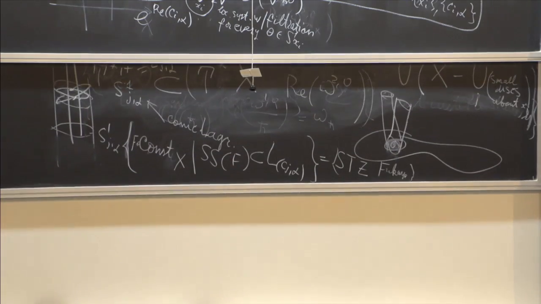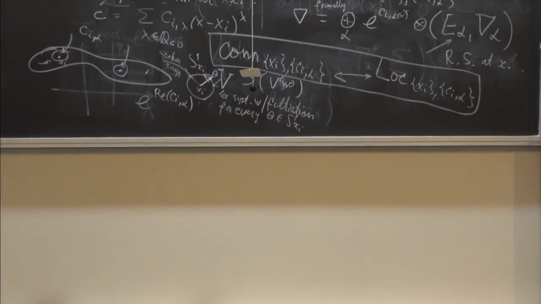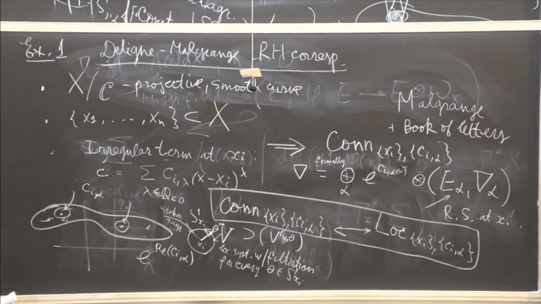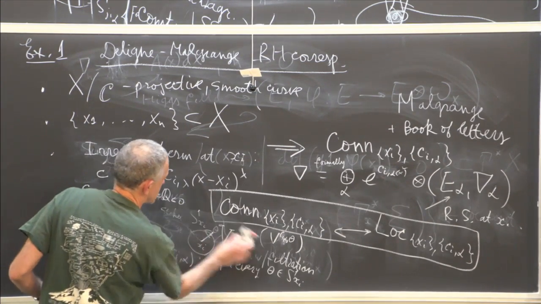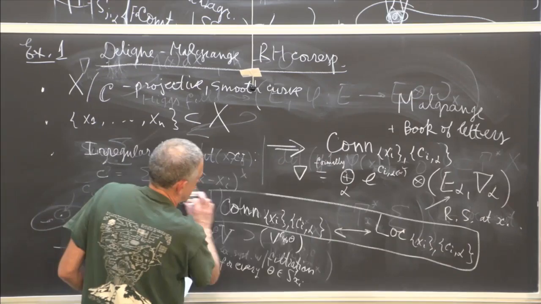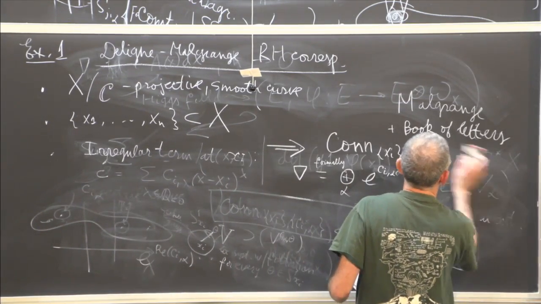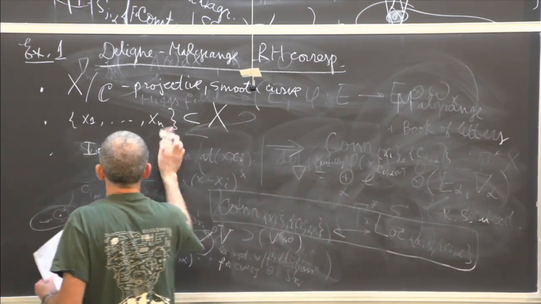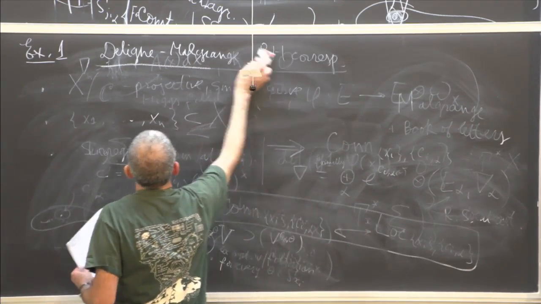Now let's discuss the de Rham side. The Betti side is essentially topological, if you like, or symplectic, whatever. It does not depend too much on algebraic geometry.